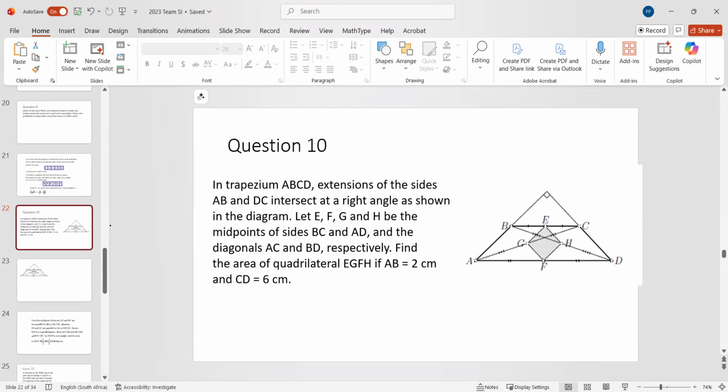So this question says, you've got a right angle triangle. The right angle is at the top, as you can see.